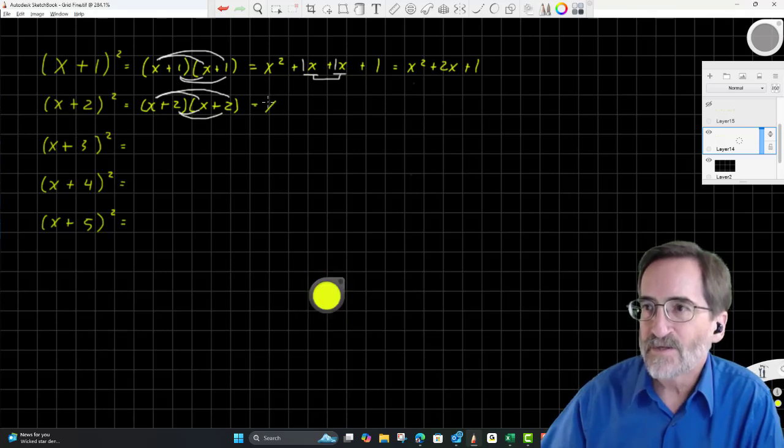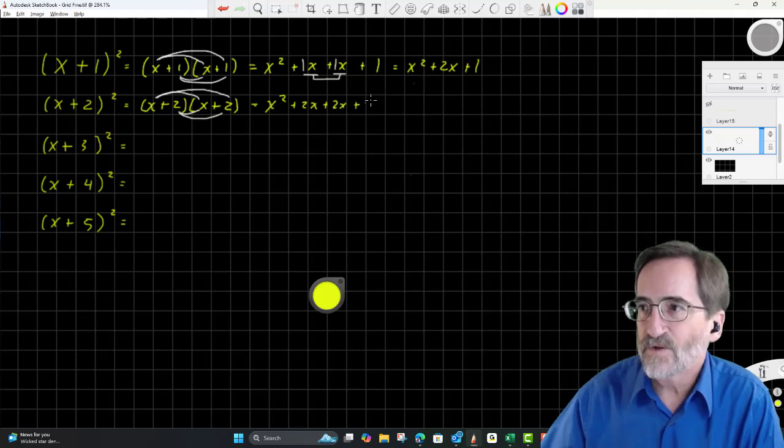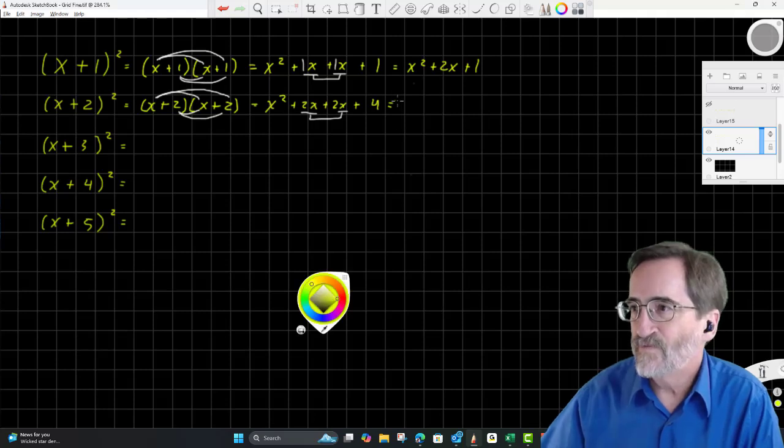X times x is x squared. X times 2 is 2x. 2 times x is 2x. And 2 times 2 is 4. And when we add the two middle terms, we have 2x plus 2x equaling 4x. X squared plus 4x plus 4.